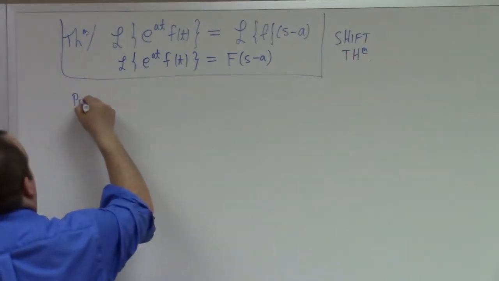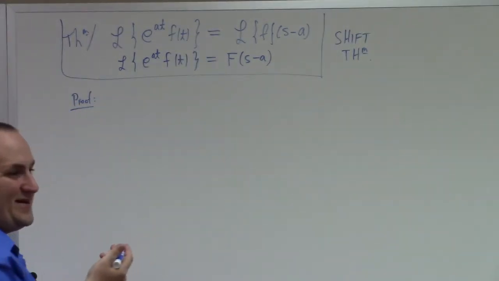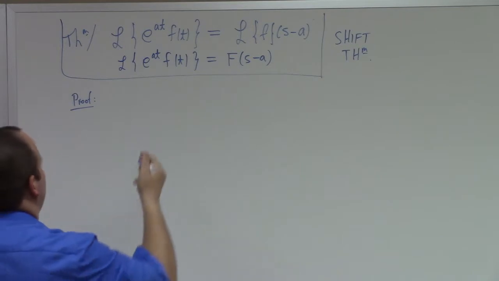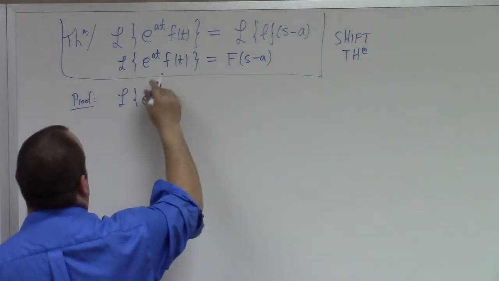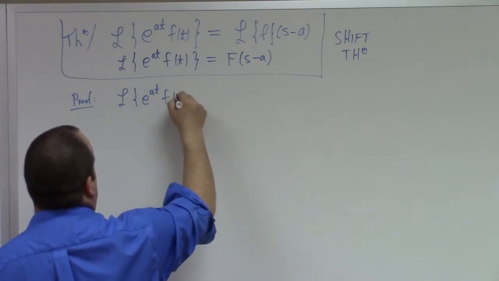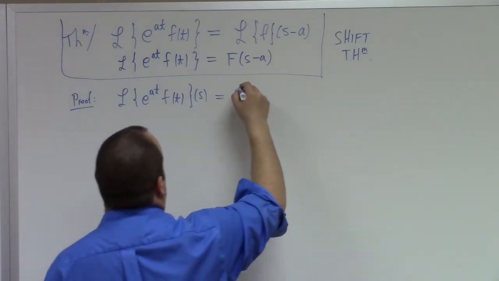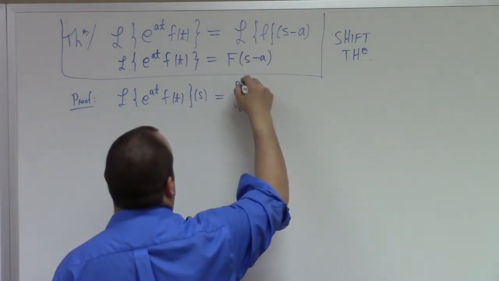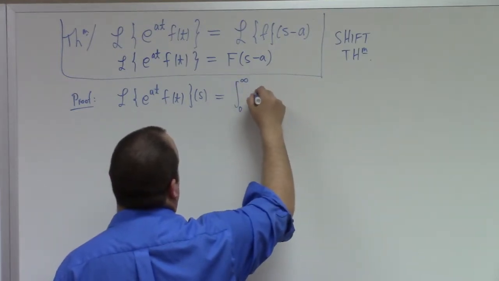Now the proof of this and most everything else basically boils down to a simple calculus 2 calculation. It's so simple. I mean, it's so pretty. So the Laplace transform of e to the at f of t. Now I do have to assume that the Laplace transform of f exists, and there is a criterion that you could give to make that happen.